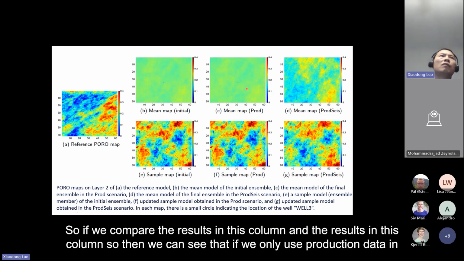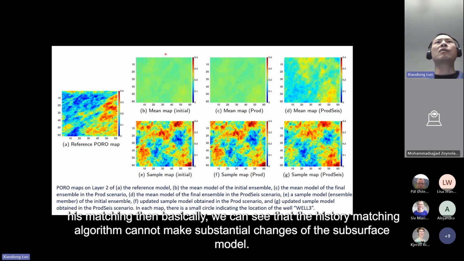So if we compare the results in this column and the results in this column, we can see that if we only use production data in history matching, then the history matching algorithm cannot make substantial changes to the subsurface model.